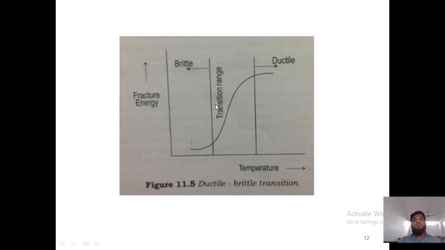That's why I told you that at the lower temperature, the steel converted to brittle in the Titanic accident. Okay, so this is the reason. An iceberg means it was at almost minus some degrees of temperature. At that temperature, the steel converted to brittle. Because of this brittle nature, it broke.